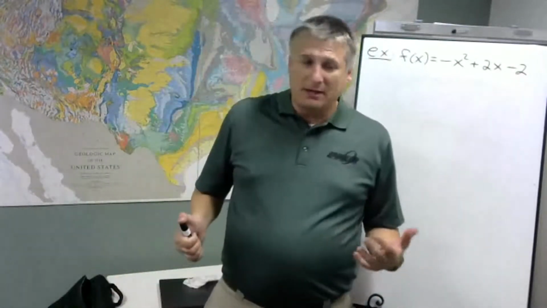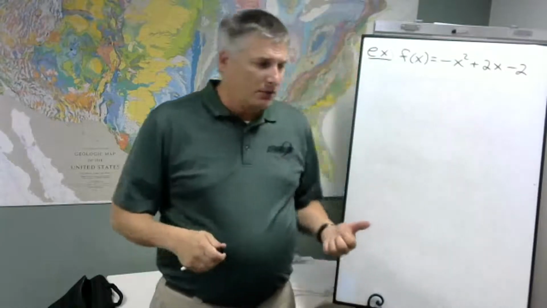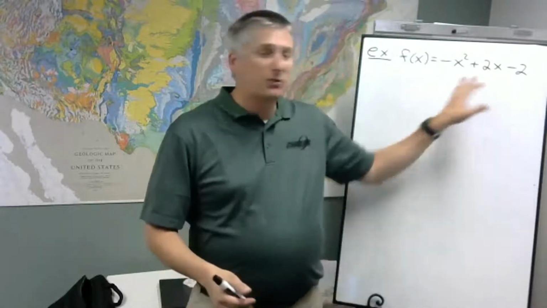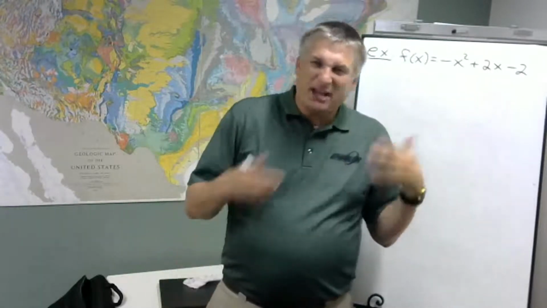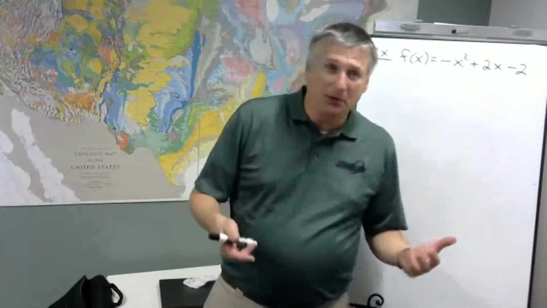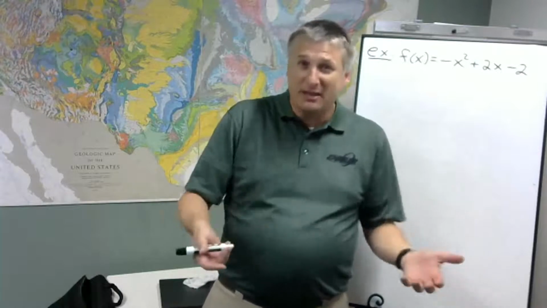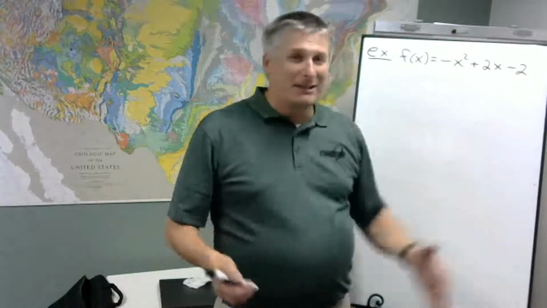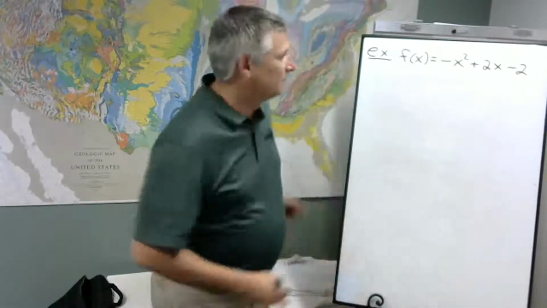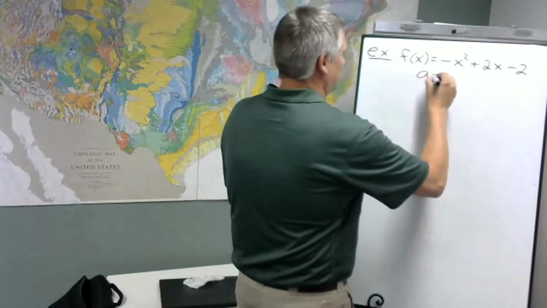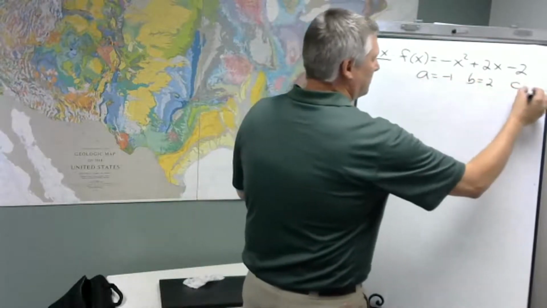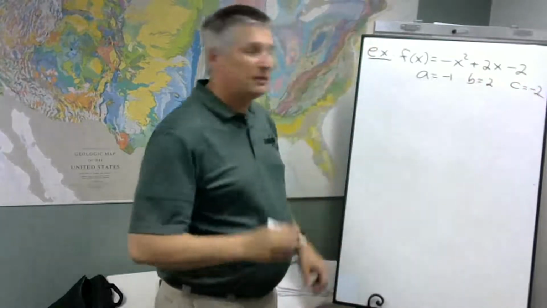Now again, not standard form, but vertex form, we just had to look for h, look for k, and read them right out of whatever the function was. You might have to turn an x plus 3 into an x minus a negative 3, or turn a subtraction for k into plus a negative for k, but you could read them out of the function. Here we got to identify first a, b, and c. A is negative 1, b is 2, c is negative 2.